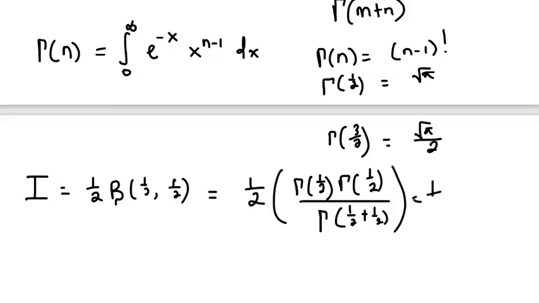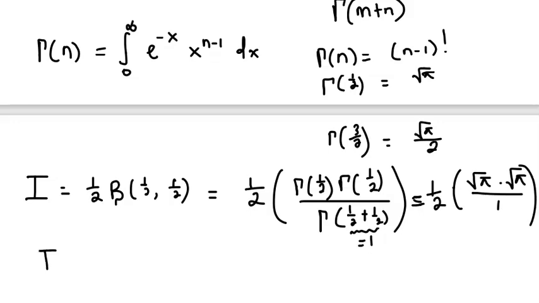So gamma of 1/2 is square root of pi multiplied by the square root of pi, all over the sum here, which is equal to 1. So the gamma of 1 is 0 factorial, which is 1. So I now is equal to square root of pi times square root of pi is pi, then over 2. And here we have the correct answer.